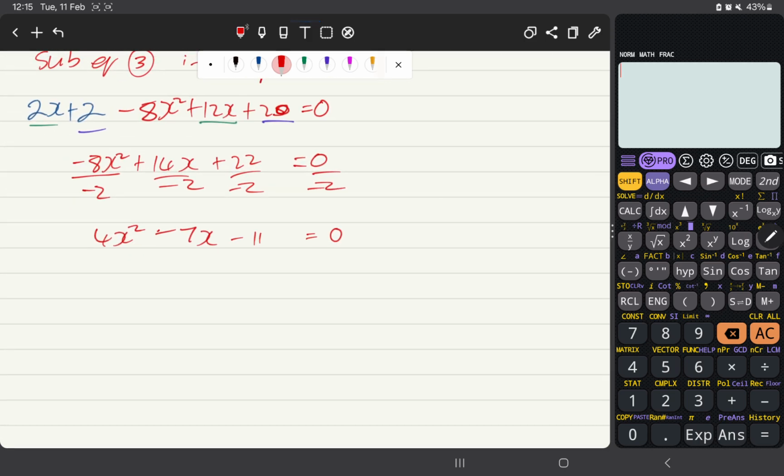So now I have to factorize this thing. I can multiply 4 by 11, that's 44. I'm going to look for factors of 44: 1 and 44, 2 and 22.